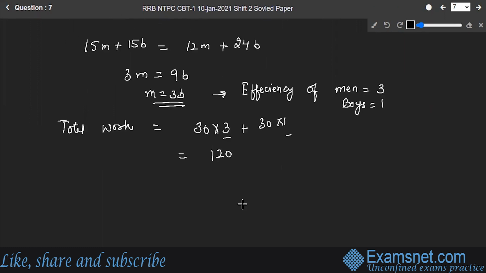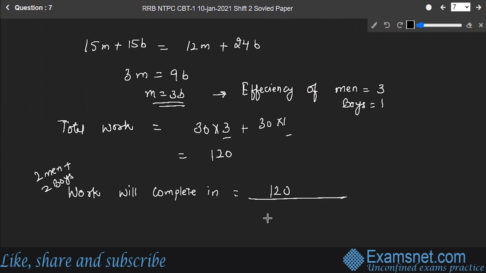So now the work will be completed for 2 men and 2 boys in 120, the total work, divided by 2 into 3 plus 2 into 1.